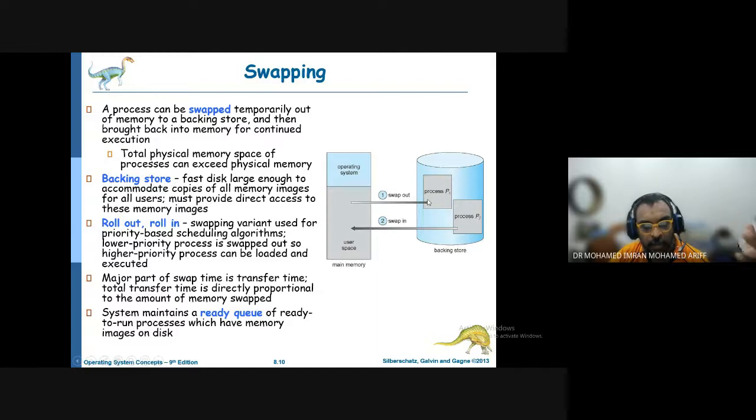It happens if the files required by the CPU are not inside the main memory. The operating system swaps out the process which is not utilized by the CPU into the backing store, into your hard disk, and swaps in the files which are needed by the CPU.